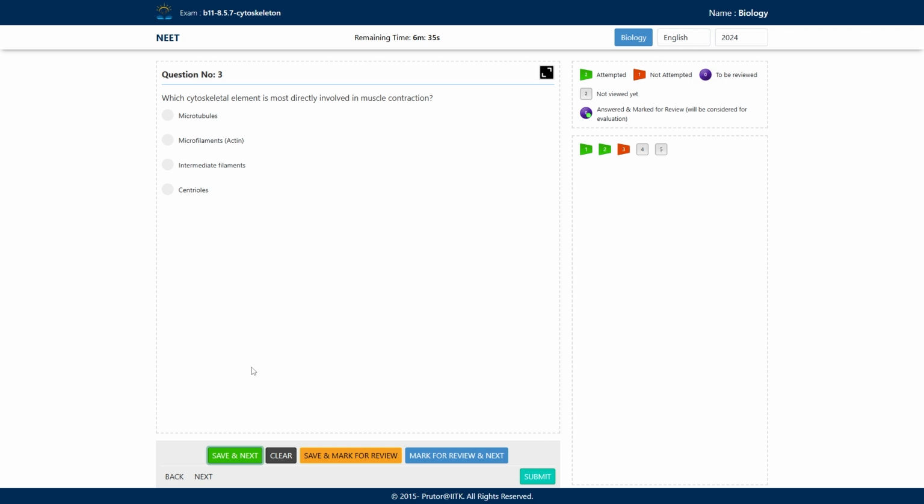Next one, which cytoskeleton element is most directly involved in muscle contraction? The options are microtubules, microfilaments, which consist of actin, intermediate filaments, and centrioles. What will be the correct answer?